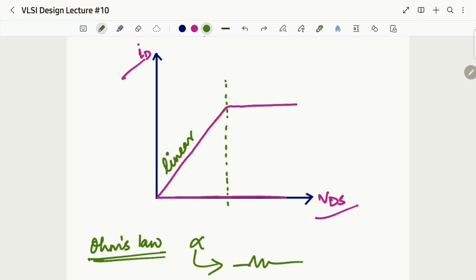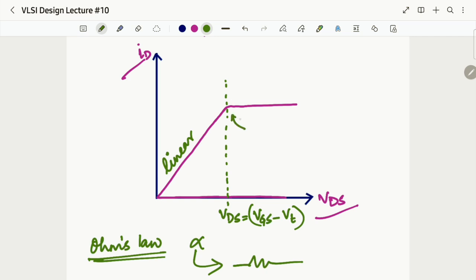Now when I'm increasing the VDS, the x-axis is VDS, so this is all VDS only. If I'm increasing beyond this point, what is this point now? It is of very much importance. This point is where VDS equals VGS minus VT. At that point the graph makes a bend.